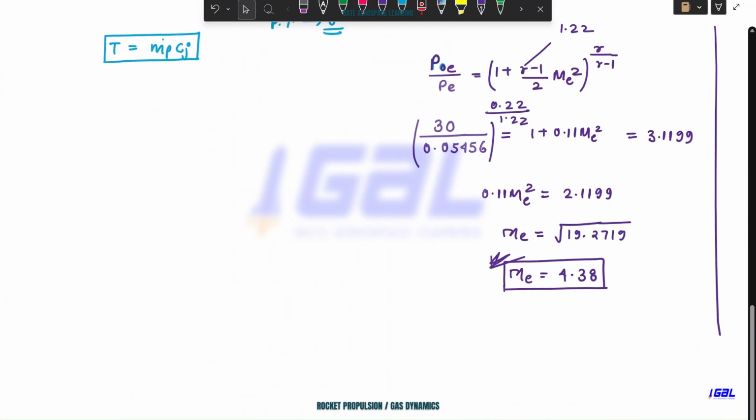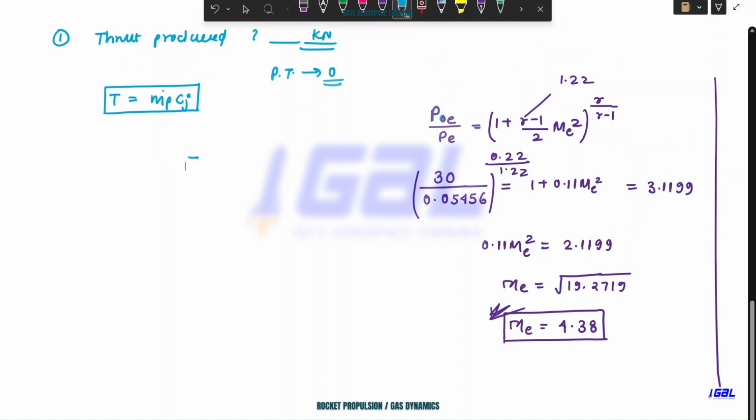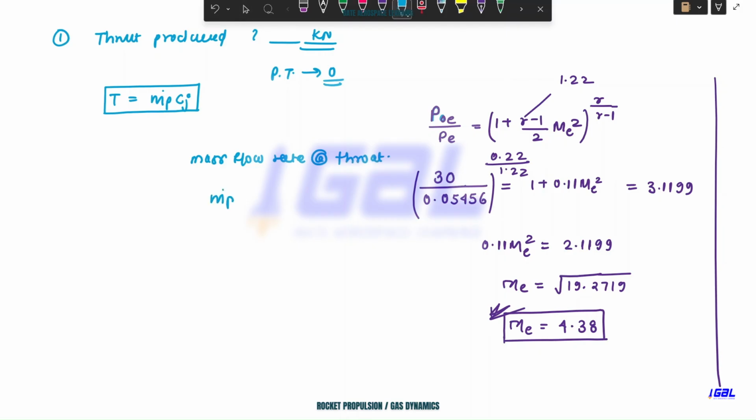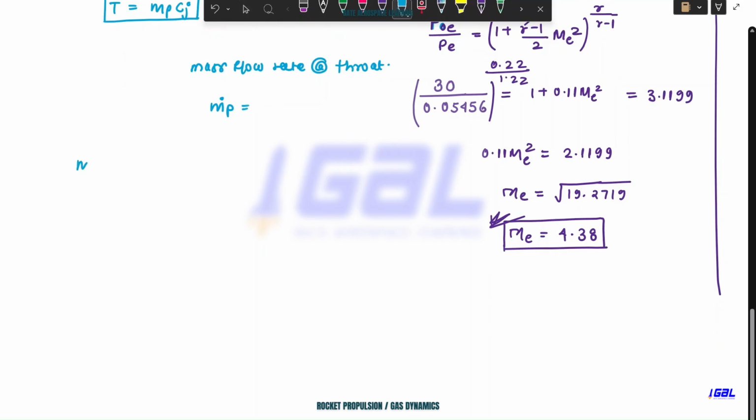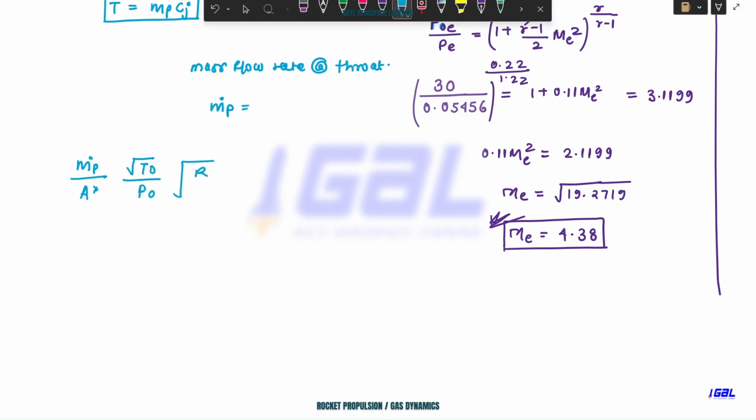So the maximum mass flow rate, or mass flow rate at the throat, can be calculated using, I'll directly write this as m dot P. One more important thing, you can also use this formula: m dot P divided by A star under root of T naught divided by P naught R by gamma is equal to 2 by gamma plus 1.